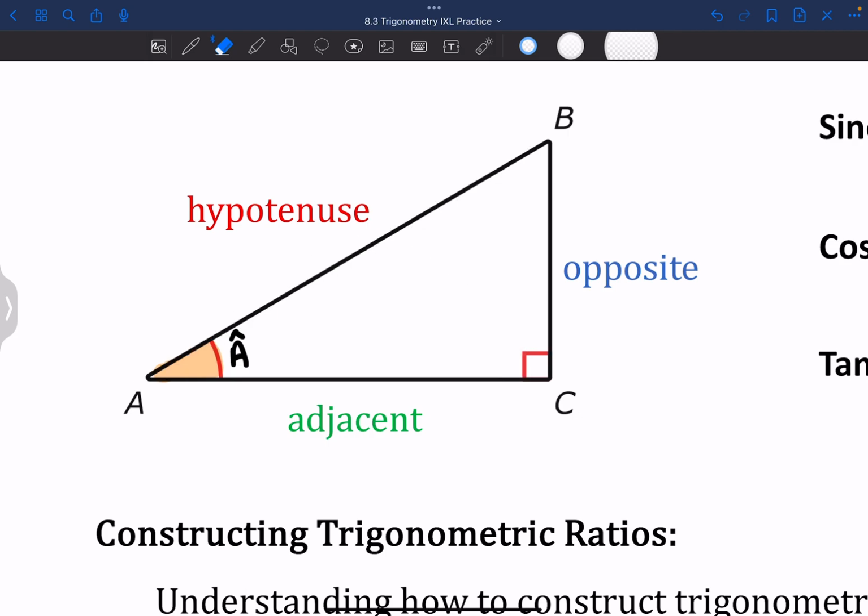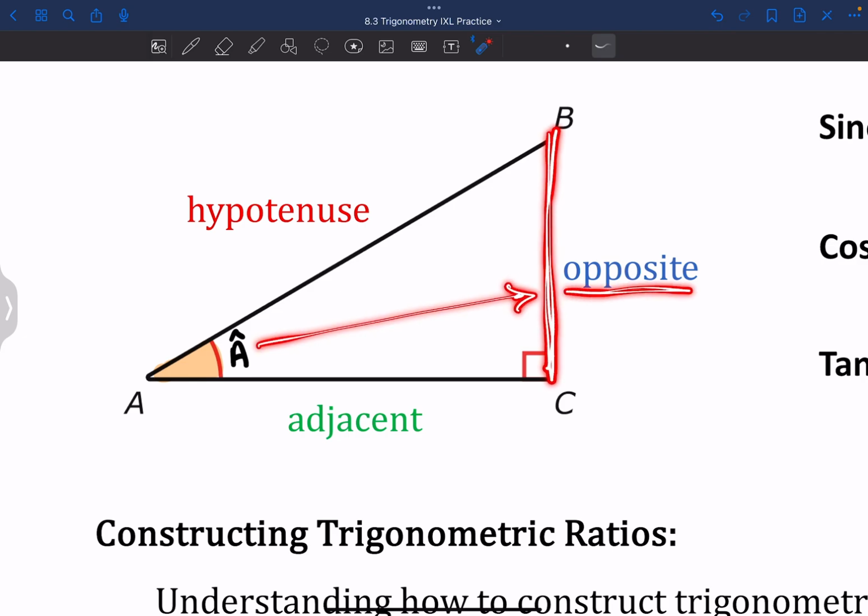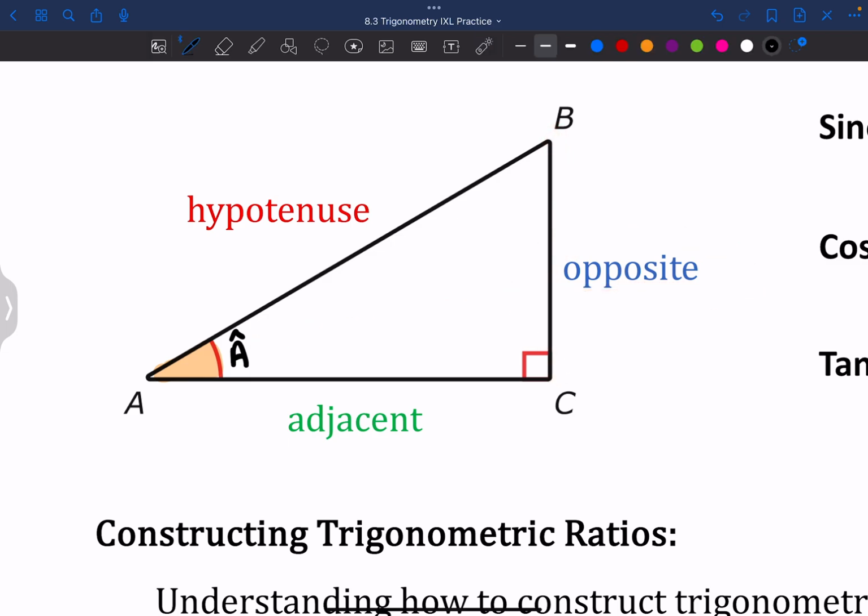Then we have to take a look at the legs. How are we going to label opposite and adjacent? Easy. Go off of the angle. Here's the angle right here. What side is opposite to it? Literally the side not touching it. This side is opposite to it, so we're going to label that opposite. Adjacent just means next to. So if you ever see adjacent, it means next to.